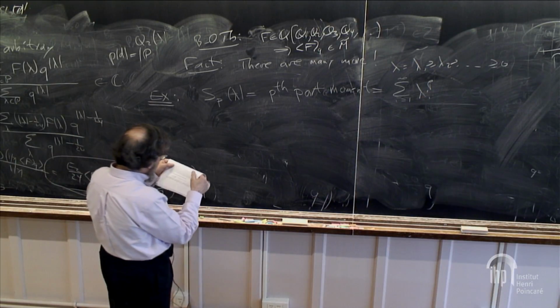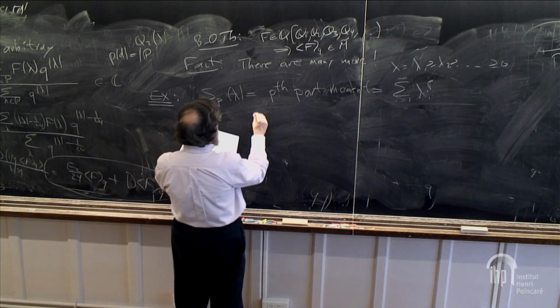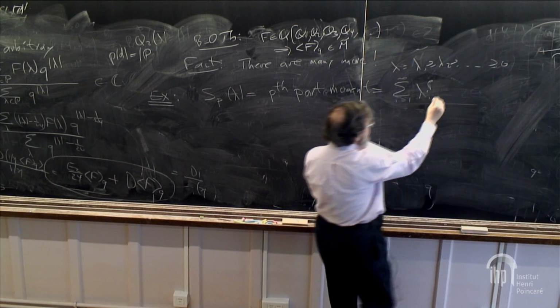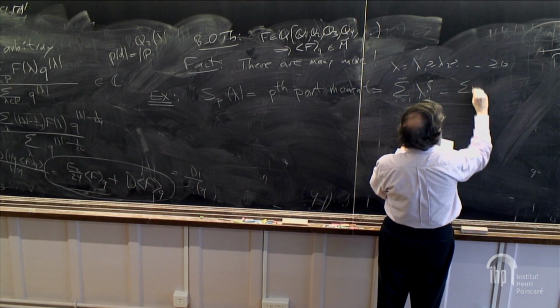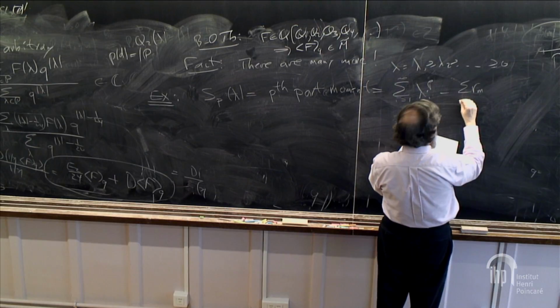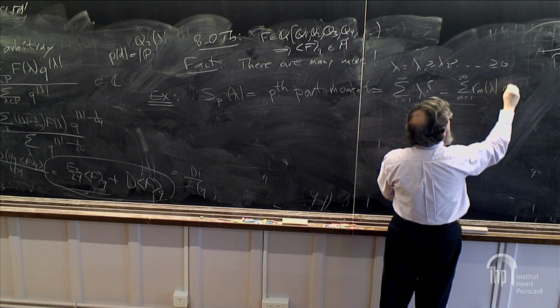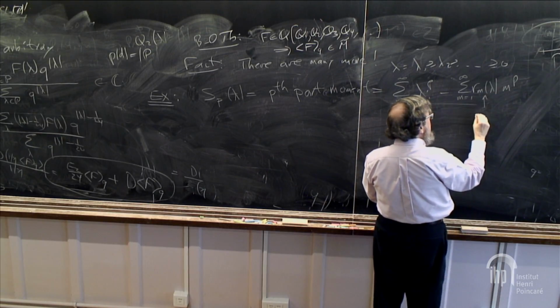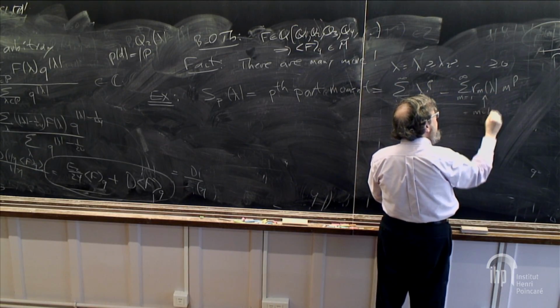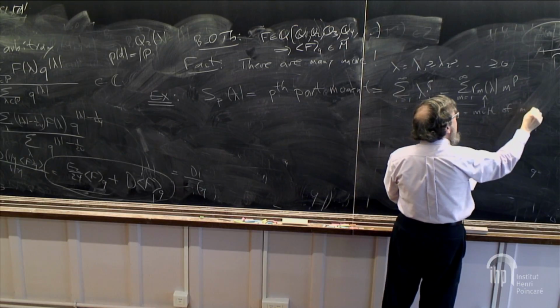Of course, I can write S_p of lambda as the sum of lambda_i to the p. I can also write it as the sum over m from 1 to infinity of R_m of lambda times m to the p. R_m of a partition is the multiplicity of m in lambda.